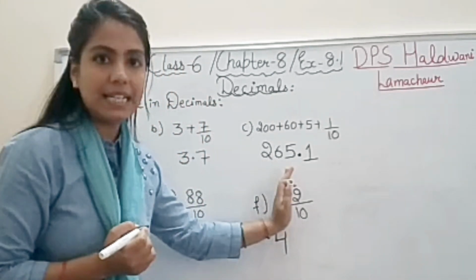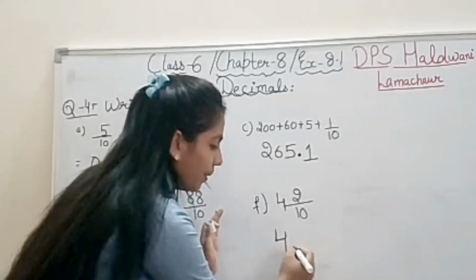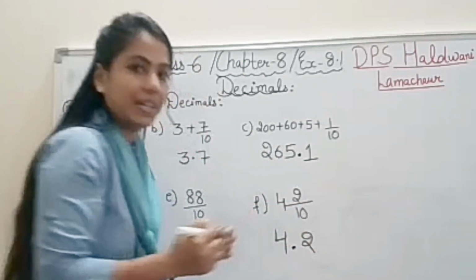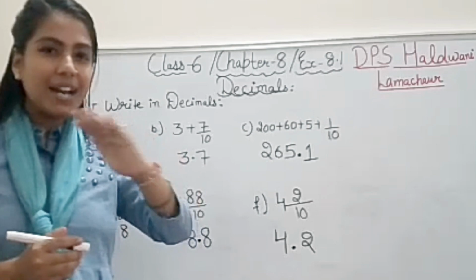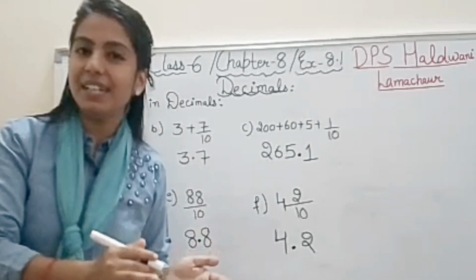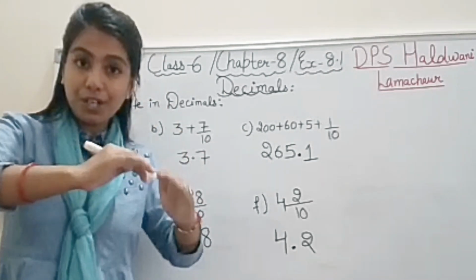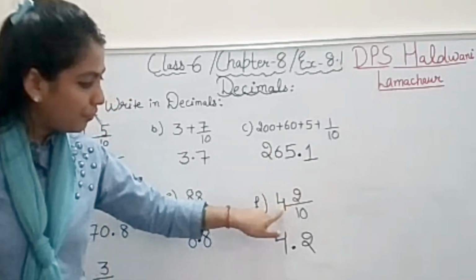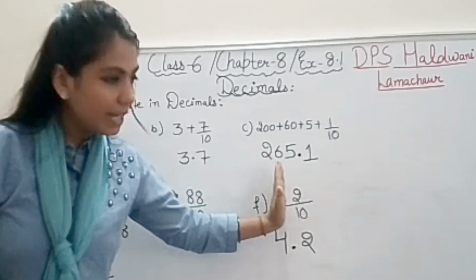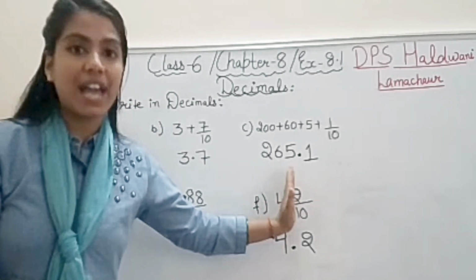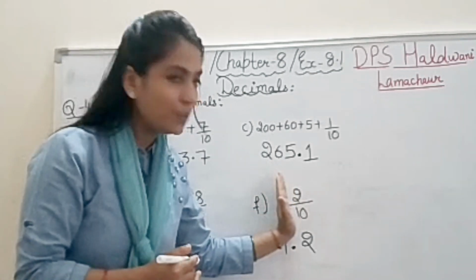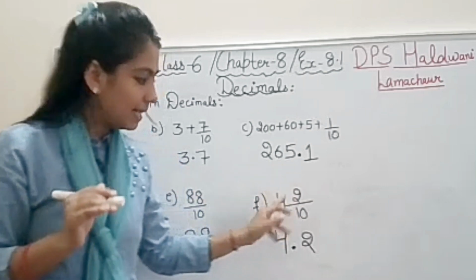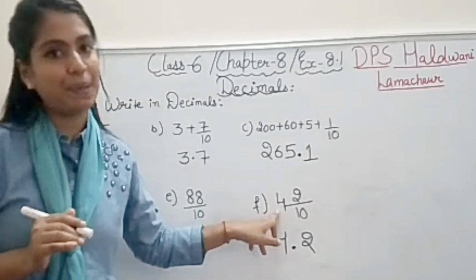Now 2 upon 10 is the decimal part. So 0.2, student. Got it? All are just basic. We have already done this in our previous class. But here we need to frame the answer accordingly. 2 by 10 is a proper fraction, so its value is 0.2 and 4 is the whole number part.